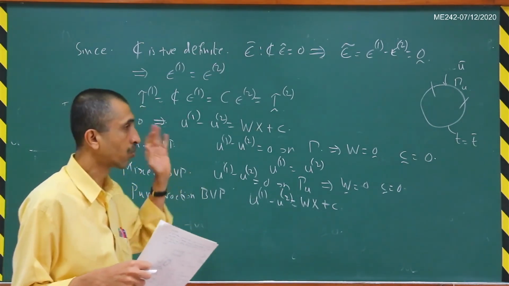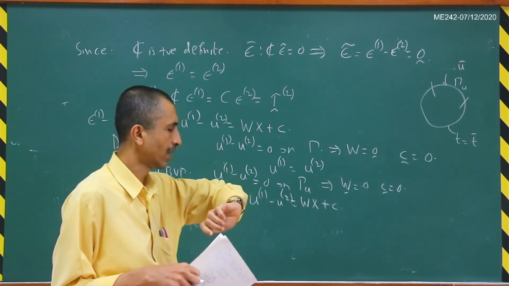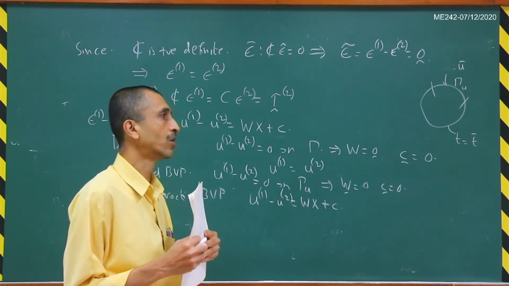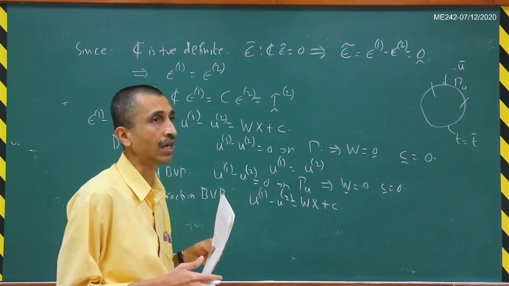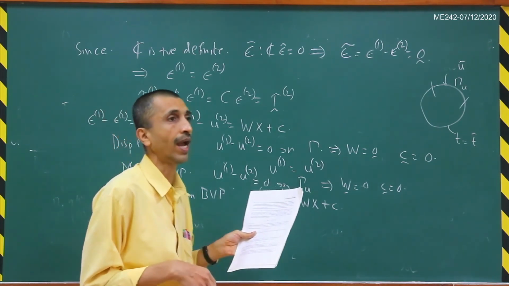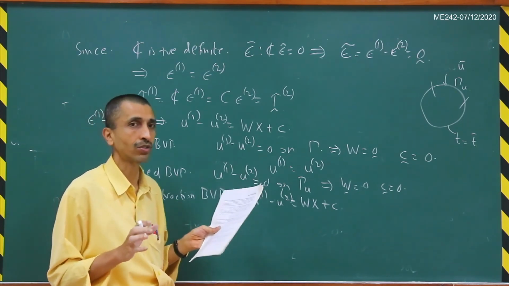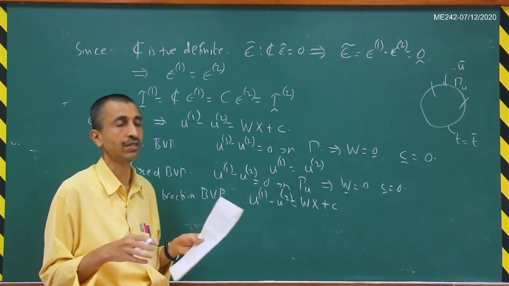So this whole theorem is an extremely useful theorem. I'll just discuss the usefulness of this particular theorem briefly. Many times we will guess a particular solution, and we will verify that that particular solution satisfies the governing equation, boundary conditions, and so on.